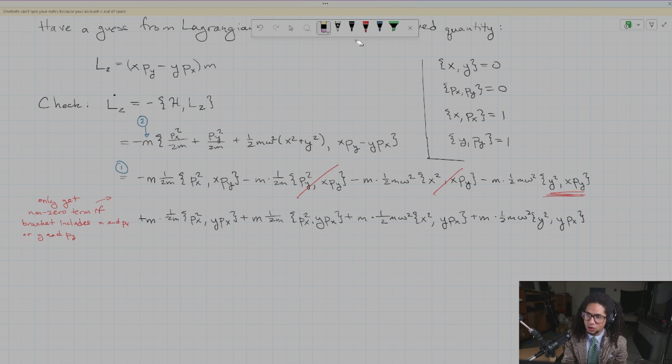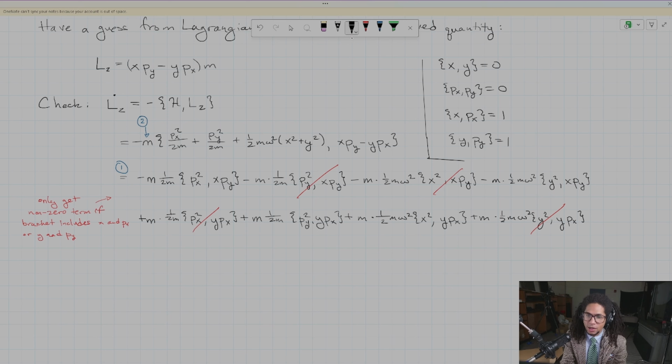This term, however, will survive because we have both y in one factor of the Poisson bracket and py in the other one. Okay, good. Now down here, this term dies. This term dies. But then this has x and px. And this has... Oh, and this shouldn't die. I just copied wrong. Sorry about that. That should be py, and then this survives. But this term does die.